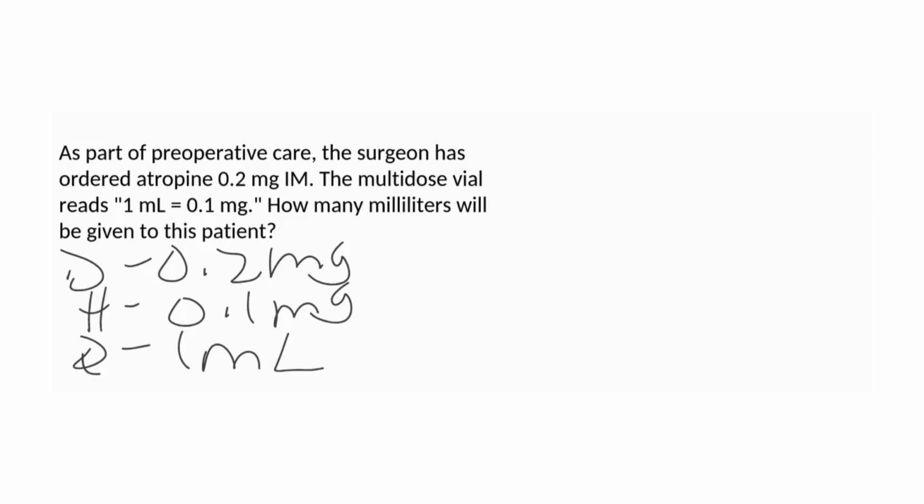Let's check our units of measurement here. Milligram to milligram. We don't have to convert anything, that matches. Let's plug in our numbers and calculate. So we have 0.2 milligram.